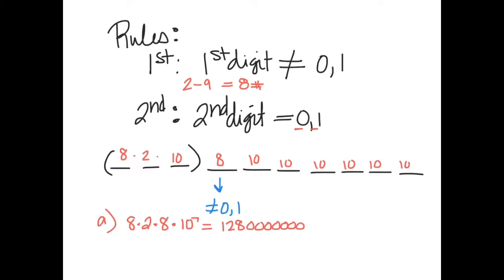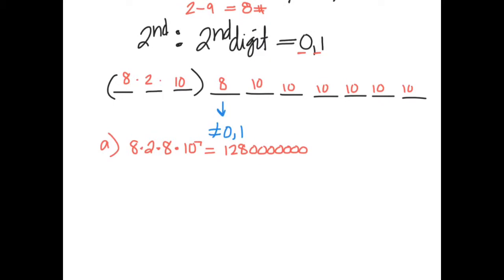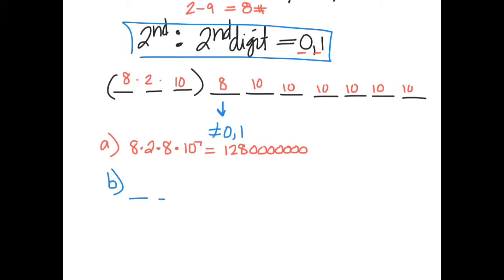All right. The second part of this question says, well, what if we ignore the second rule? How many area code and telephone number combinations are possible if we do not make the second number of our area code be a 0 or a 1? So thinking about your area code, the first number cannot be 0 or 1.